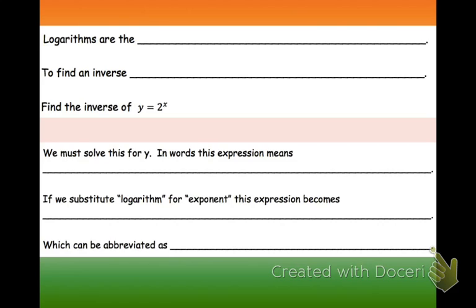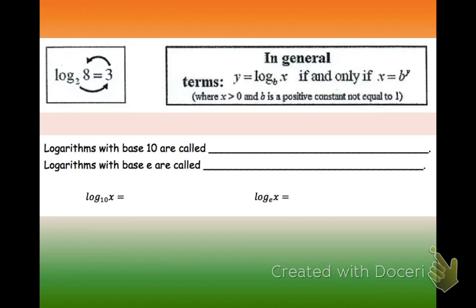And we're going to jump down to the bottom of that page where you have this beautiful box here, which says log base 2 of 8 equals 3. So when you change this to exponential form, it's 2 to the third power equals 8. The 8 and the 3 will switch, so it's 2 to the third power equals 8.